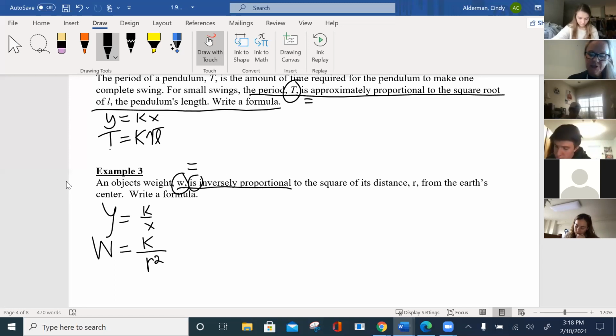Now, watch, this is where I'm going to try and move you over to the power function. So notice that k over r squared is the same thing as k times 1 over r squared, right? Which is also equal to k times r to the negative 2.